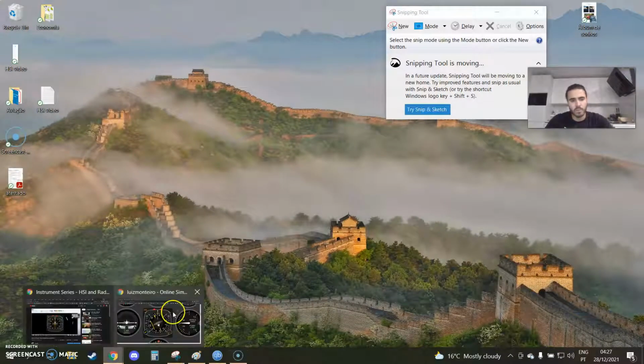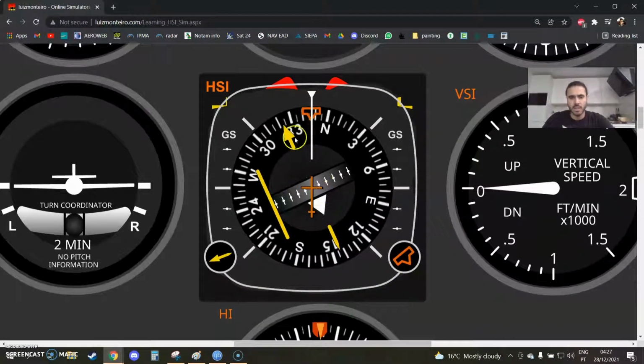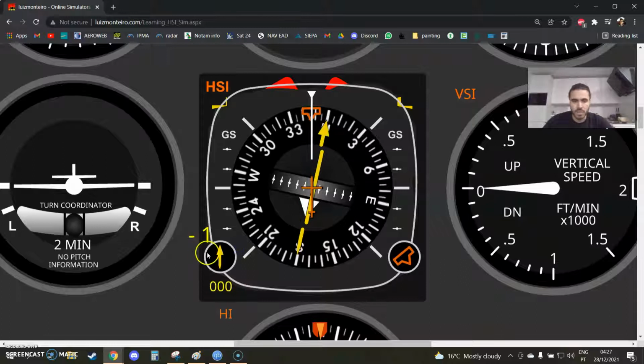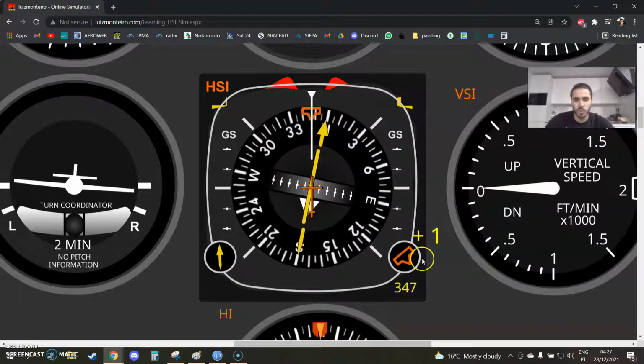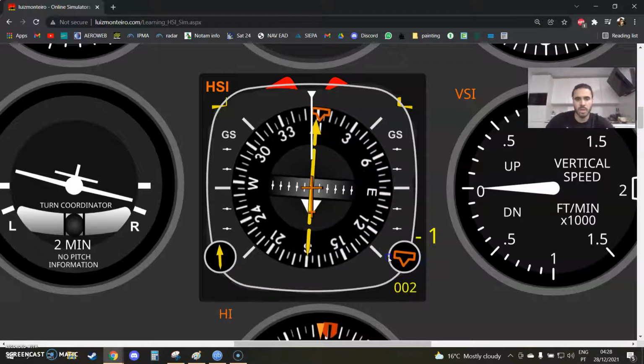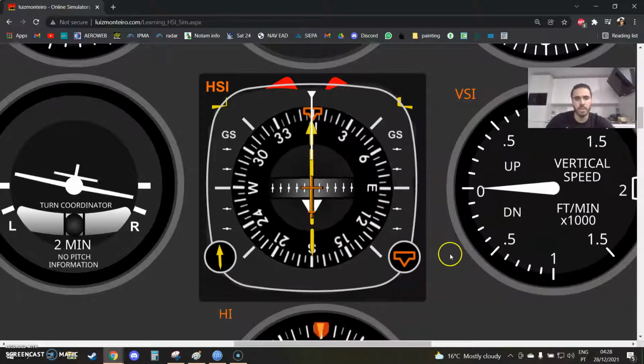So first thing, guys, I'm flying. I need first of all to understand where I am. So as always, center the CDI. Okay, CDI is centered. I want to follow the radial that I'm currently at.